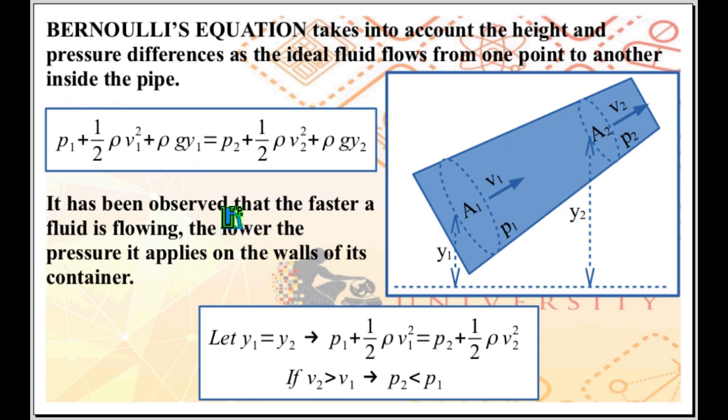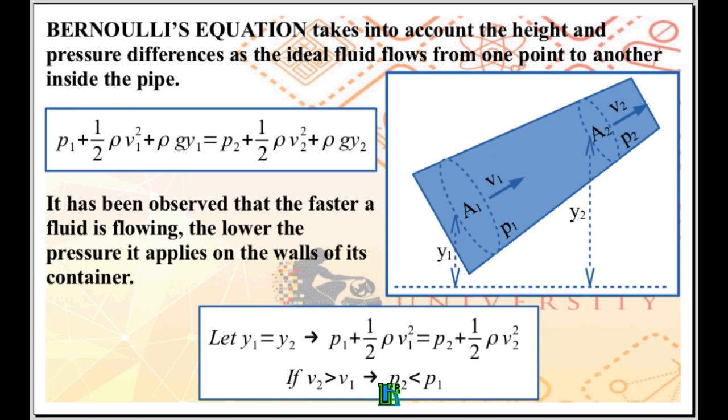So, rho g y1 is just equal to rho g y2. So, cancel that out, leaving us with P1 plus 1/2 rho V1 squared is equal to P2 plus 1/2 rho V2 squared. If V2 is greater than V1, to maintain the equality, P2 must be less than P1. The faster the fluid is flowing, the lesser the pressure that it will apply on the walls of its container.